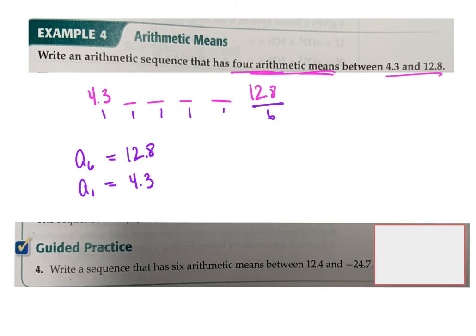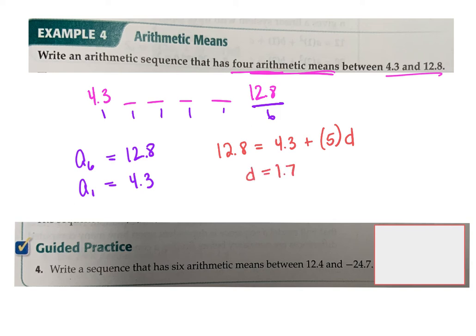And so I can easily find those terms that go in between it by finding my common difference. All right, and so I just plug it in. Well, the 6th term should equal my first term plus n minus 1, or 5, times my common difference, which I don't know, right? And you subtract the 4.3 and divide by the 5, you'll get a common difference of 1.7.